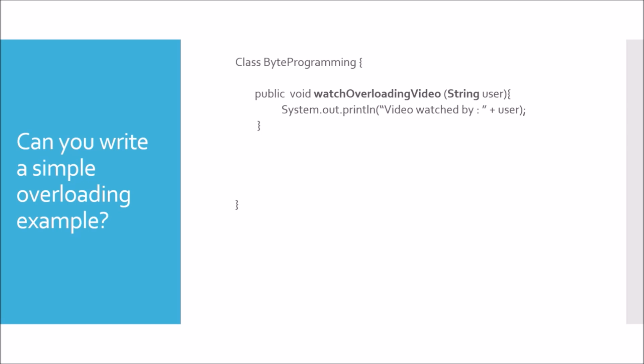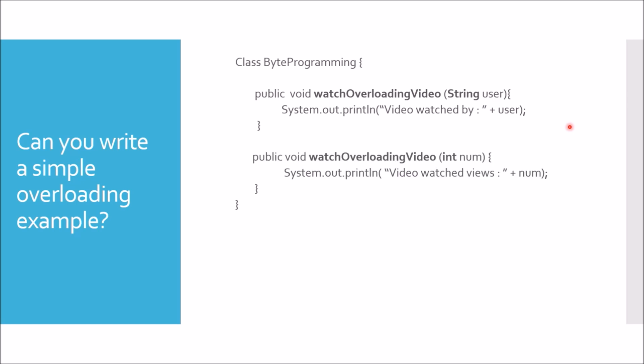If you observe, the data type is String, and the number of parameters is only one here, and I am printing the video watched by the user. In order to overload this watchOverloadingVideo method, I would need a method with the same name but different either number of parameters, data type of the parameters, or order of the parameters.